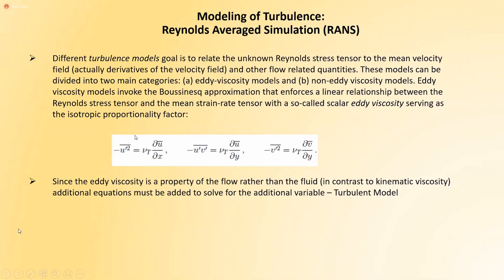Okay, so what we see here is a linear relationship, a linear eddy viscosity model. It's important. I'm going to show you an example for other eddy viscosity models, which are nonlinear.